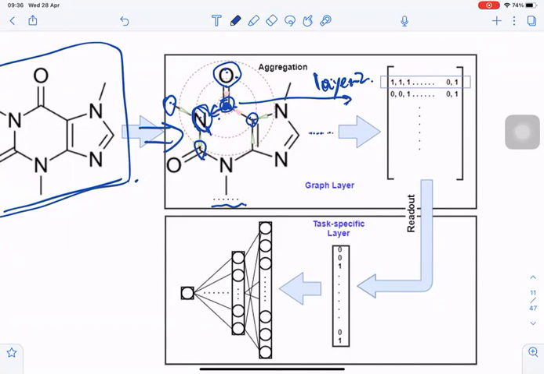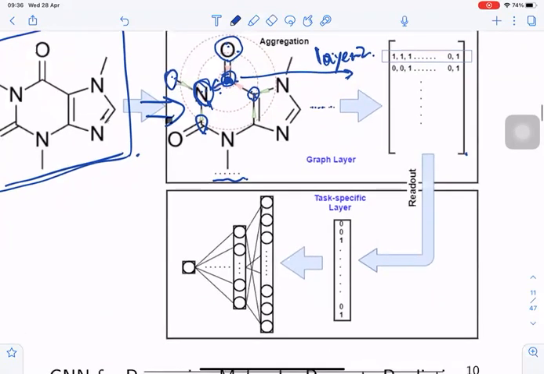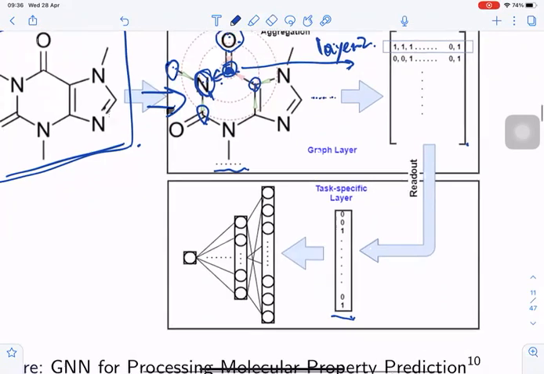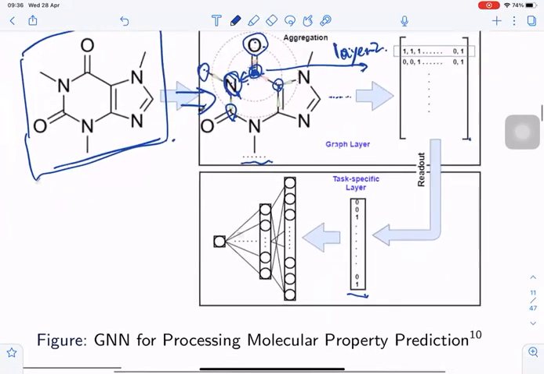So for the GC, we won't see the matrix actually. We will get a fingerprint, a vector, after the graph layers. So it is kind of a reshape. And you can input the vector to the fully connected feed-forward neural networks for whatever task you want to do, classification or regression.